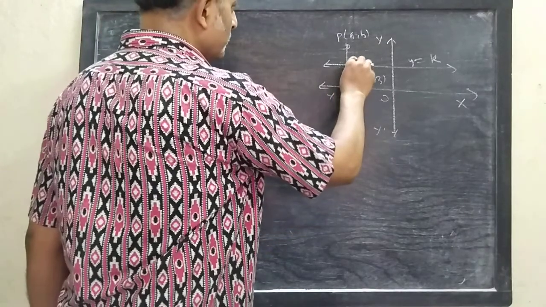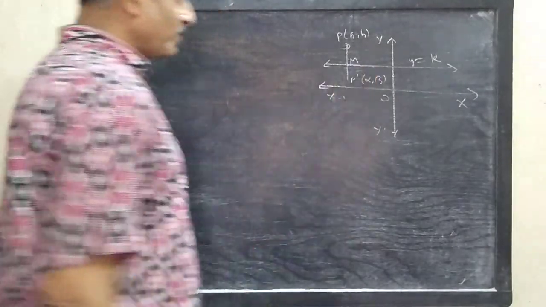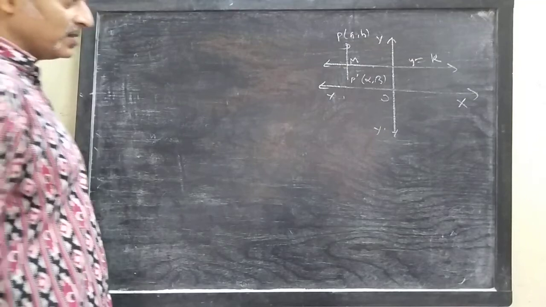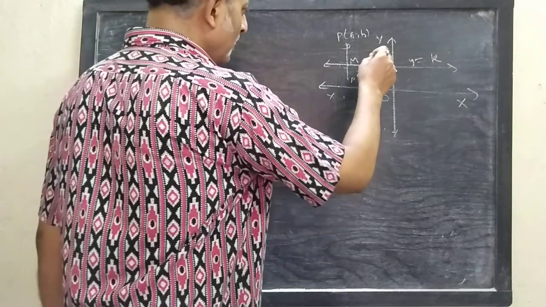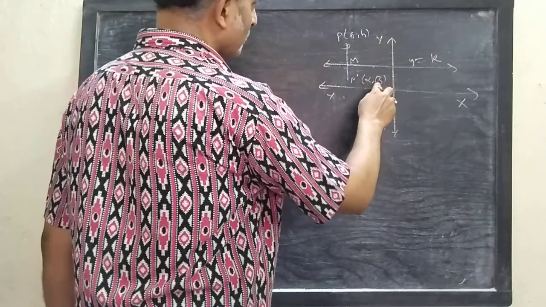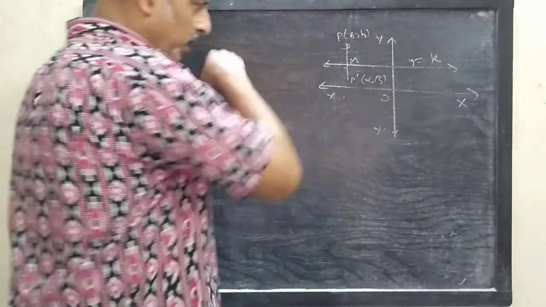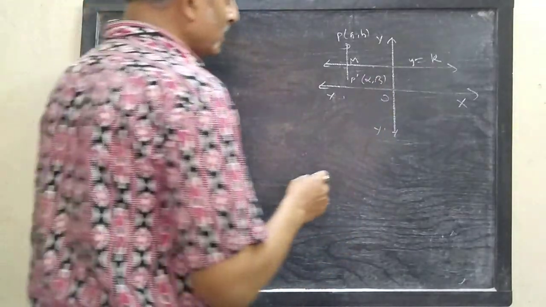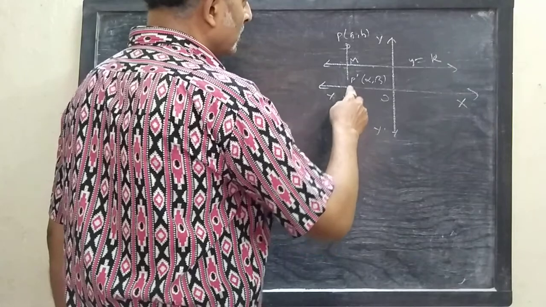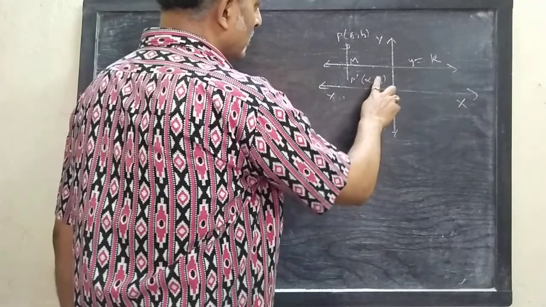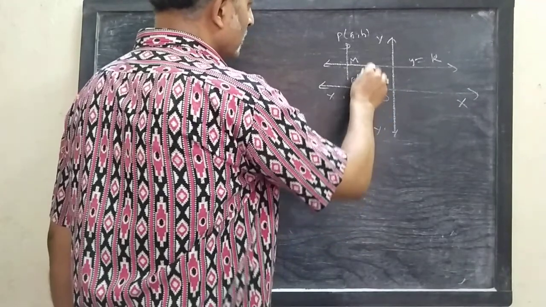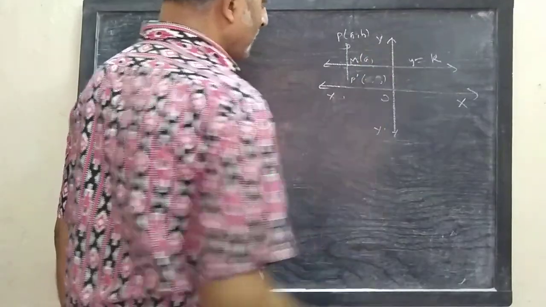And look, this point where the line P dash intersects the reflector, say M, has its coordinate, its abscissa remains fixed. Why?